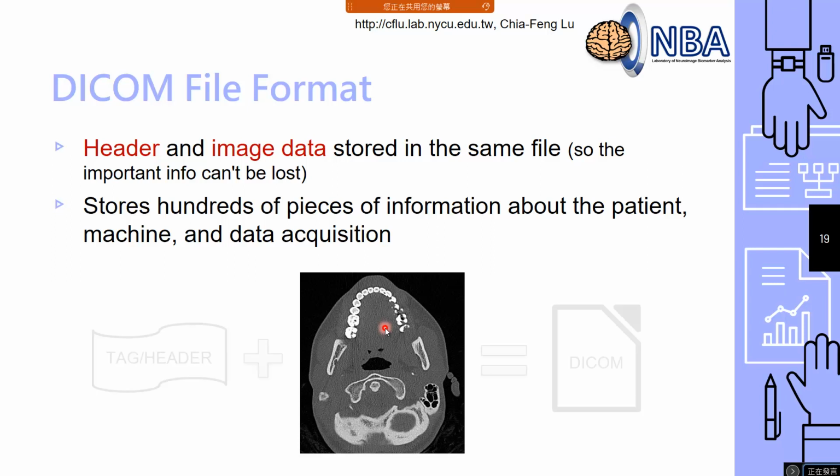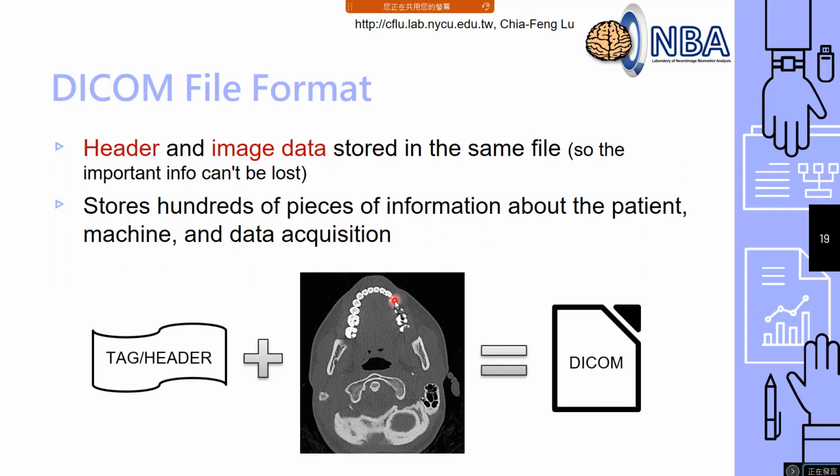Every single Dicom file will include two parts. The very first part is so-called tag or header. It will include over 200 to maybe 300 different slots of the patient information or even image information or even hospital information inside. This is so-called header, something before the imaging. And the second part would be the image itself.